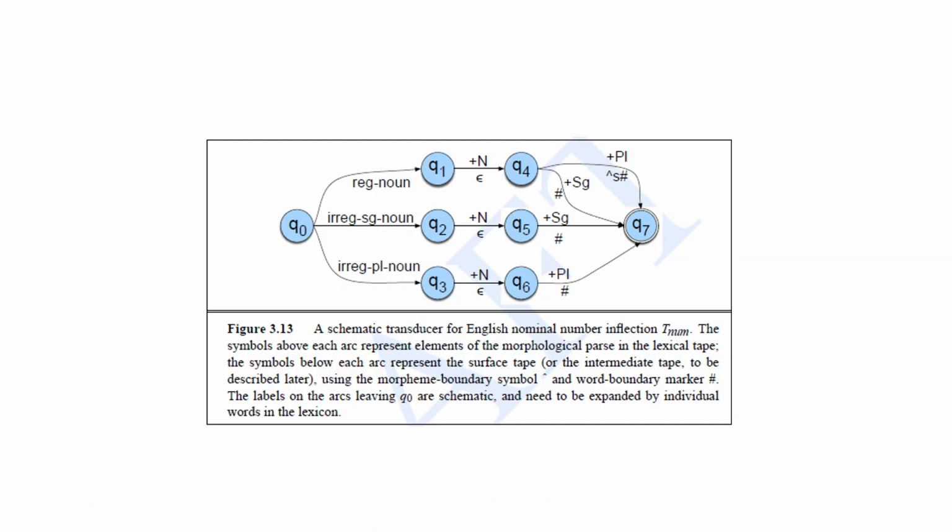Okay, in the last class we saw an example of how regular nouns can be recognized, right? So this is an equivalent transducer for it. Regular nouns, we said, are cat, dog, etc. That is, on adding an s, it becomes a plural. Okay, so this is a transducer for English nominal number inflection. Inflection is when we add a morpheme to the word to generate something which has a similar meaning.